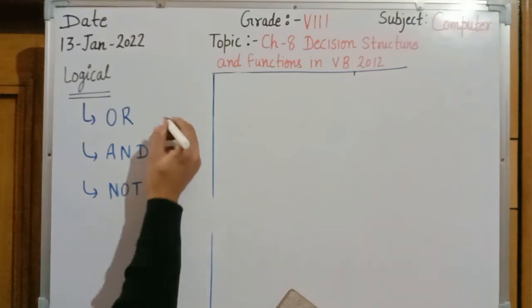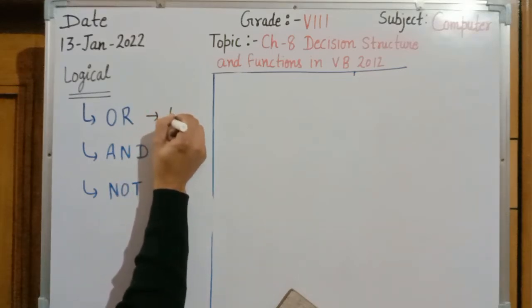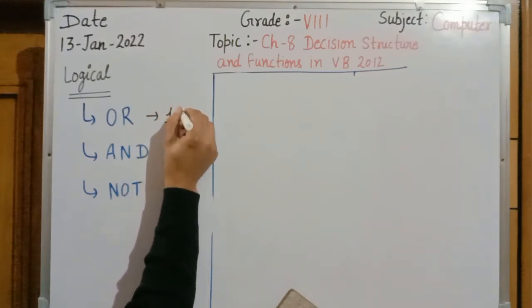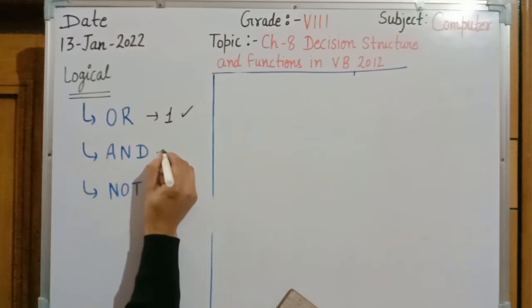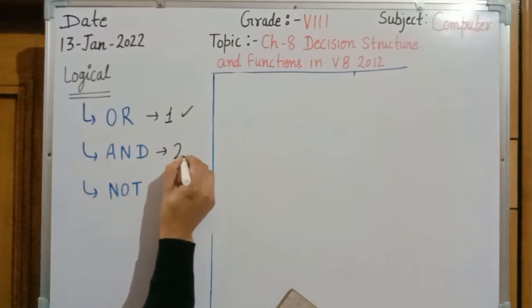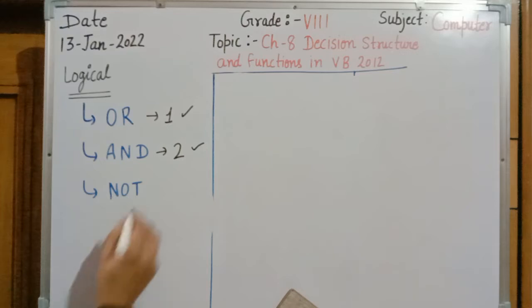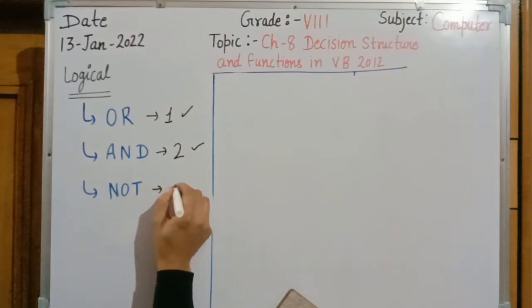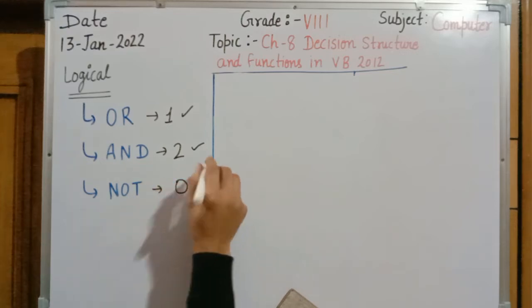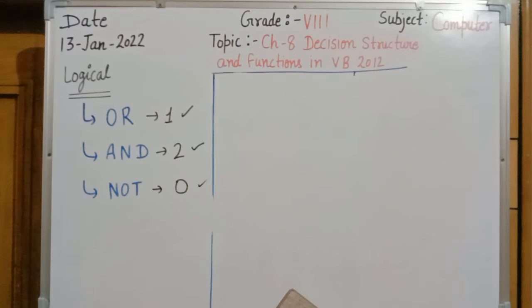In the case of the OR operator, if one condition is satisfied, then the result is true. In the case of the AND operator, both conditions should be satisfied, then the result is true. In the case of the NOT operator, zero conditions should be satisfied. It means no condition should be satisfied.